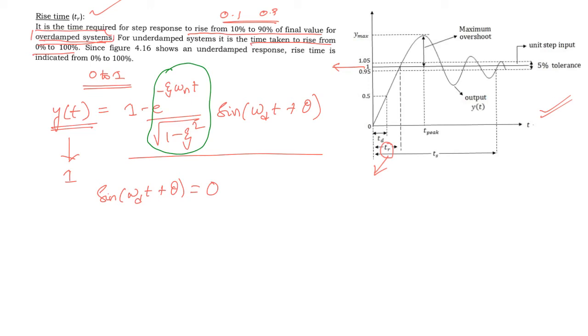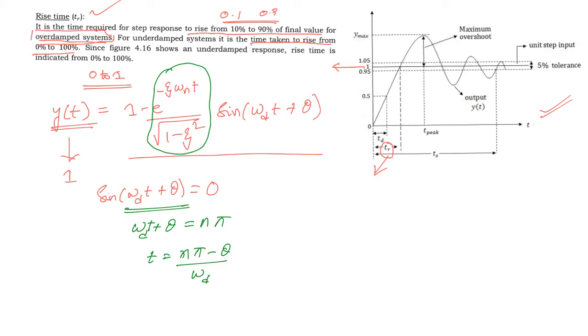Whenever sine of something is 0, what should be the value of that argument? It is n pi. So omega d t plus theta is equal to an integer multiple of pi, and t you will get as n pi minus theta by omega d. If you substitute n equal to 0 or some negative value, then time will become negative.